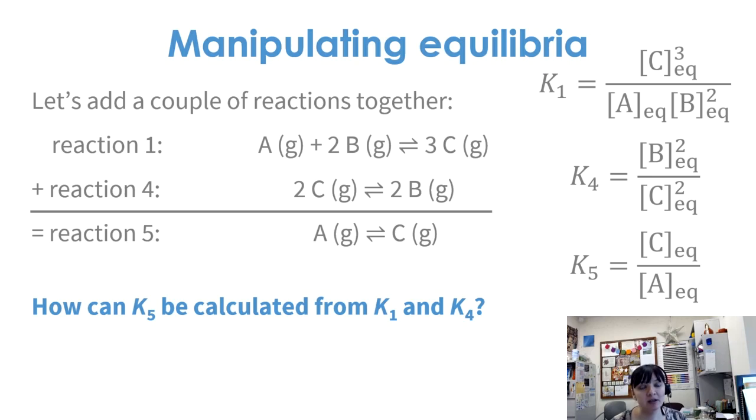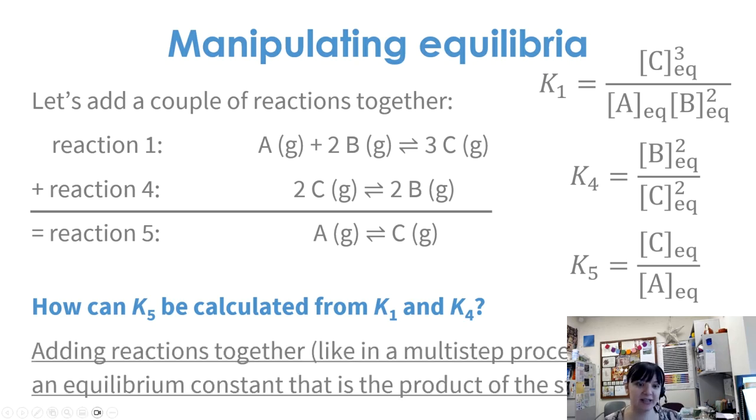In K4, we see concentration of B squared in the numerator. So if I want to cancel those out, getting rid of the B squared, as I don't see any concentration of B in my K5 expression, then I can just multiply together K1 and K4. By multiplying those, the B squared that's on top of one expression is going to be canceled with the B squared that's in the denominator of another expression. When I multiply those two things together, I can then get my overall K constant for this overall reaction.